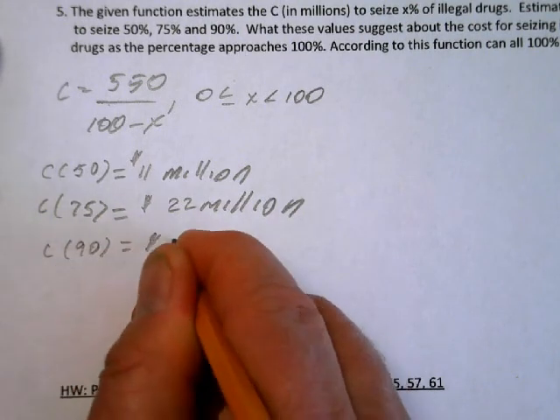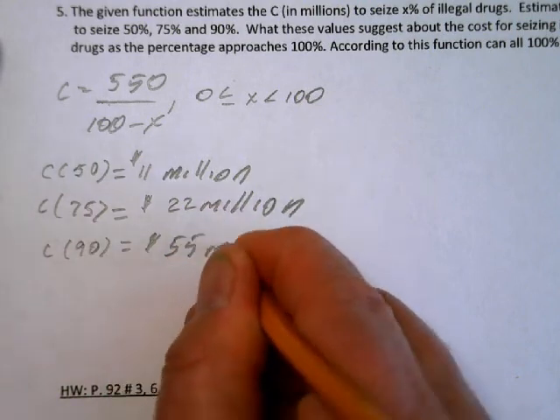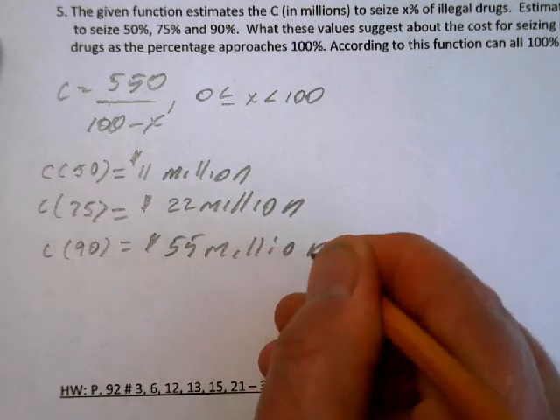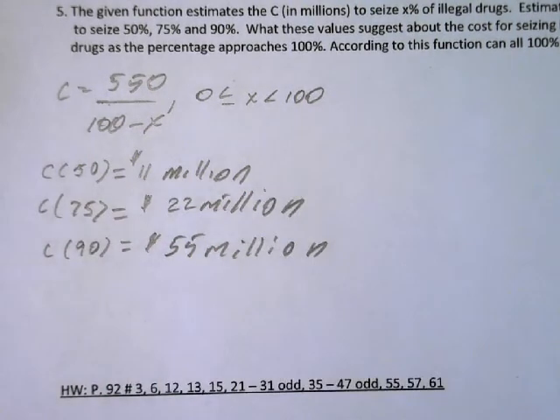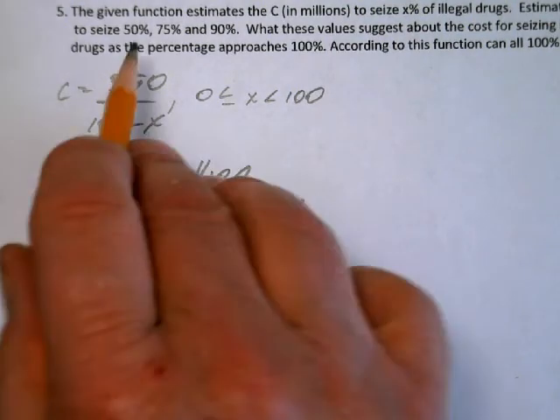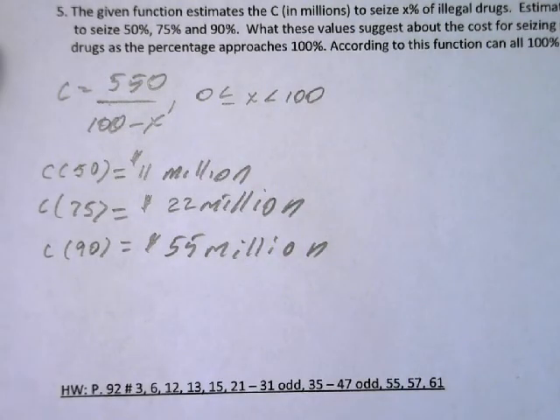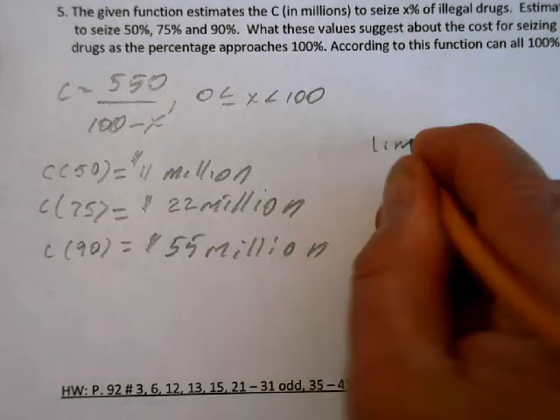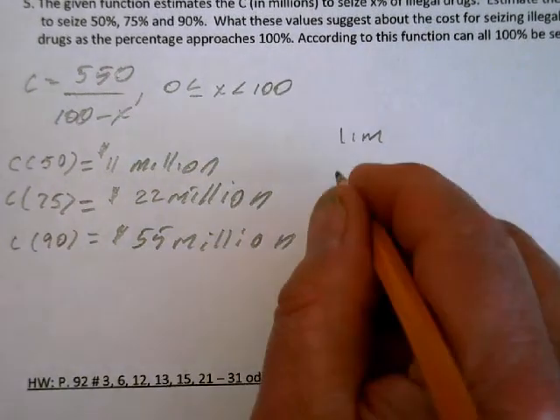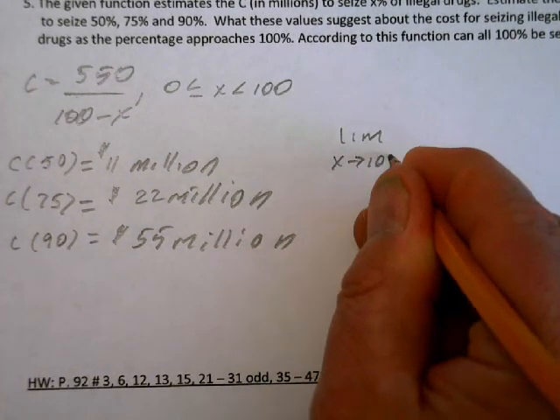Again, we're just putting these numbers in the function. So that's the cost of seizing the drugs. As the percentage increases, the cost to seize them also increases.